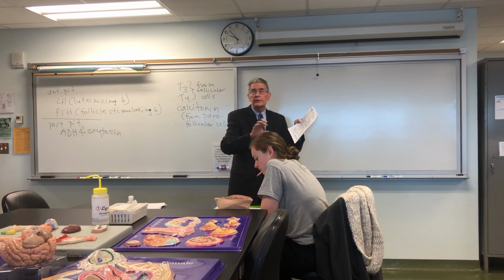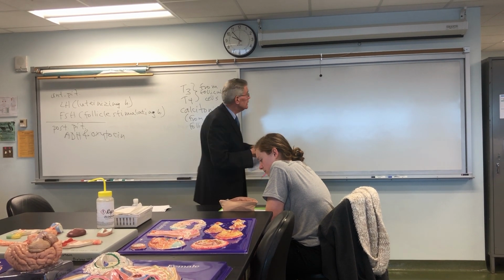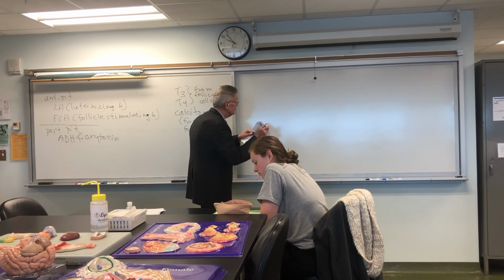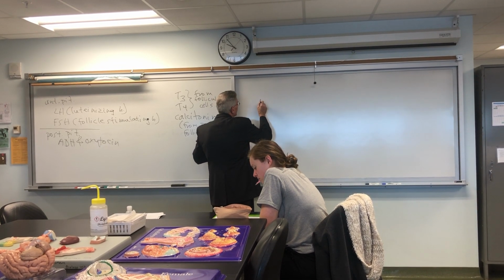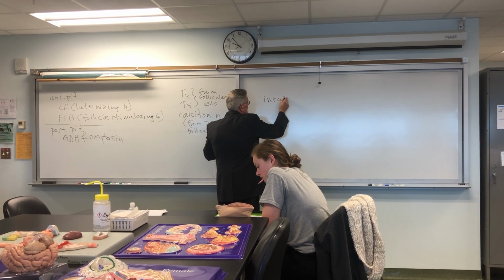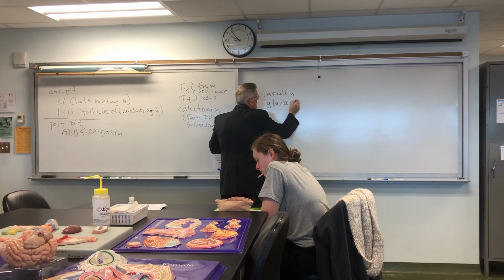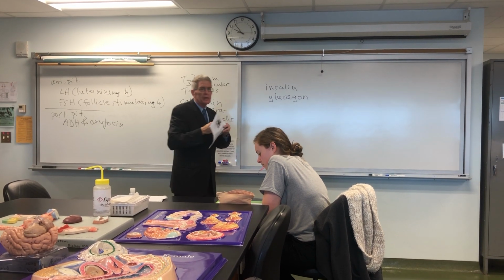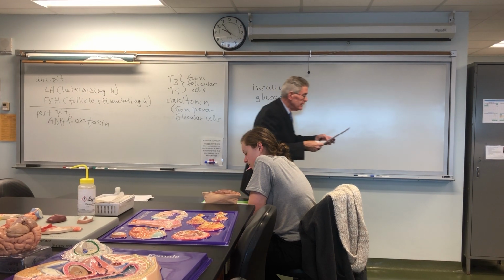You have little groups of cells scattered here and there throughout the pancreas, and they are endocrine. And the pancreatic islets, the islets of Langerhans, to say his name properly, produce insulin and glucagon. The hormones insulin and glucagon come from the pancreatic islets.